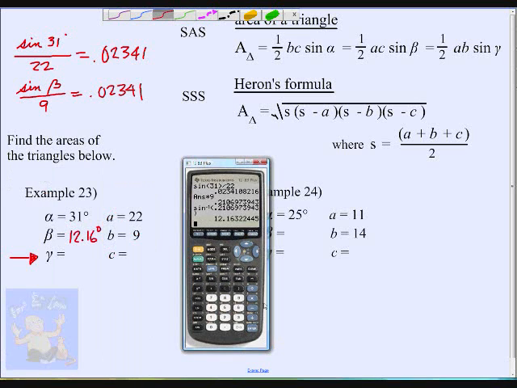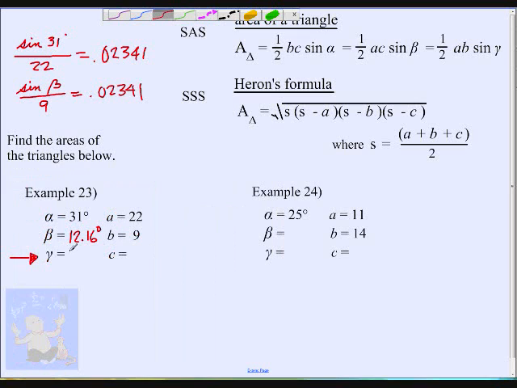Okay, so what will gamma be? We'll add 31, and we'll find the difference with 180. 136.84 degrees.